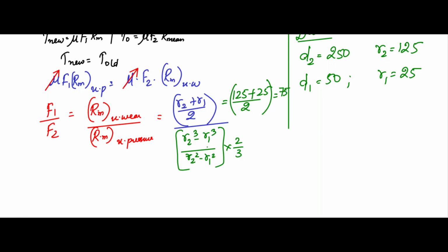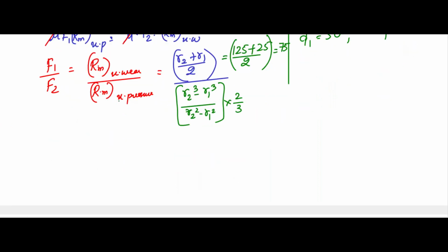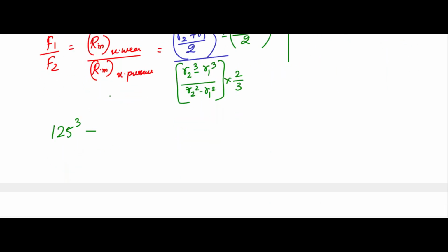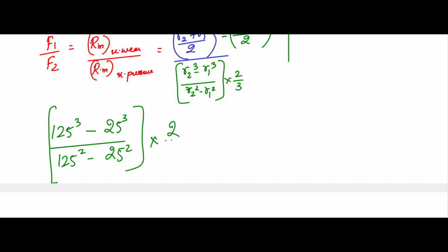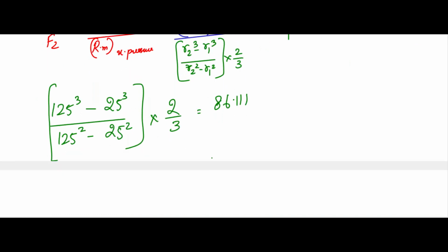Likewise for R2 cube minus R1 cube divided by R2 square minus R1 square into 2 by 3: 125 cube minus 25 cube, divided by 125 square minus 25 square, into 2 by 3. Solving this you will get somewhere near 86.111.